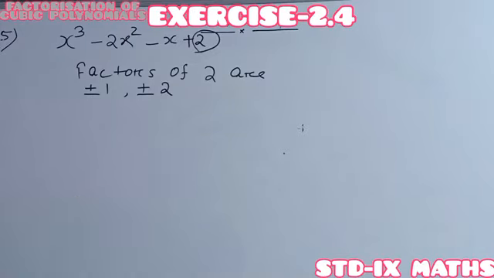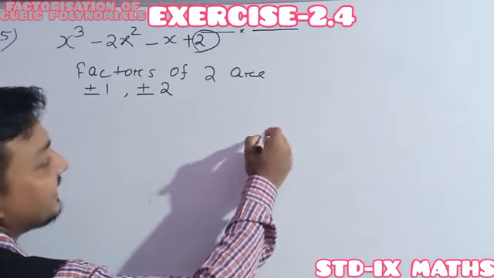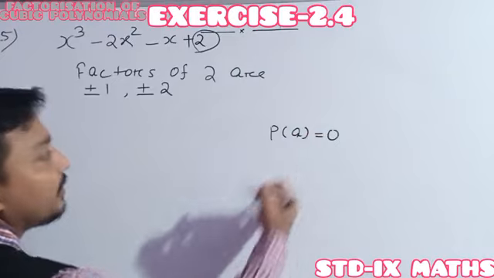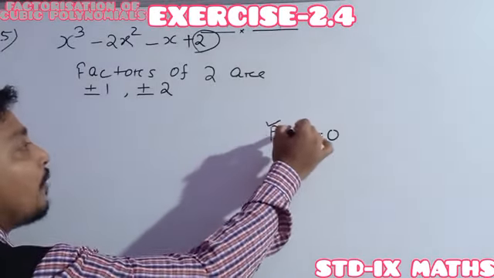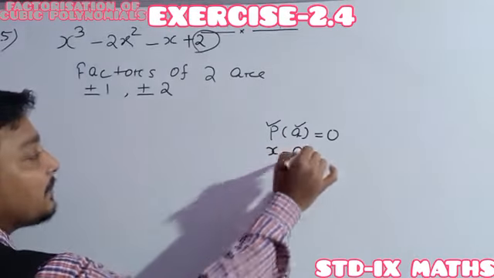How to find at least one of the factors? See, everywhere we have to use the factor theorem. Actually, the factor theorem says, if P(a) is equal to 0, that is, the polynomial value at that value is 0, then x minus a is a factor.